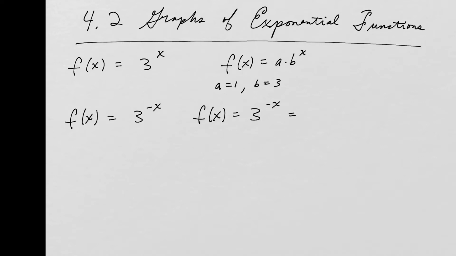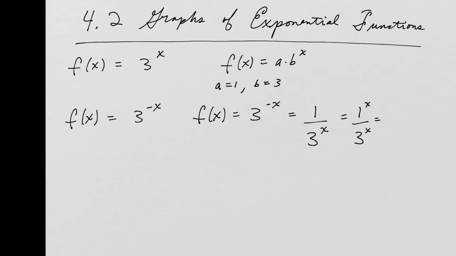Remember, if you have a negative exponent, you can put that power, right now it's in the numerator, in the denominator and it becomes positive. You change the sign of the exponent. But then, since 1 to any power is equal to 1, it doesn't matter what x is, I could also write this as 1 to the x over 3 to the x.